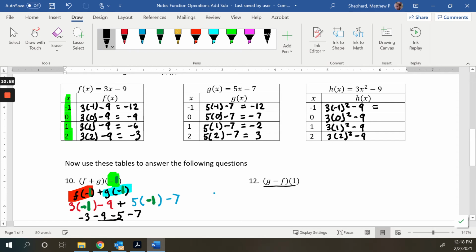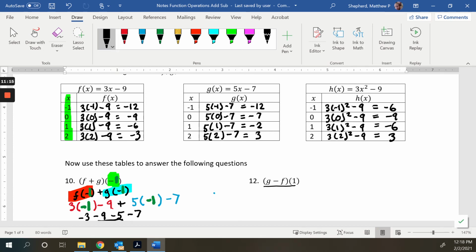So negative 1 squared is 1, 1 times 3 is 3, 3 minus 9 will become negative 6. 0 gives negative 9, 1 gives negative 6, 2 squared is 4, 4 times 3 is 12, 12 minus 9 is 3.